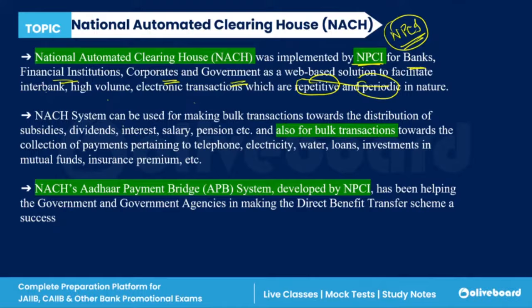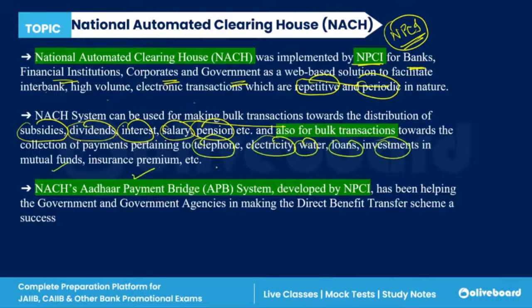It is used for making bulk transactions for distribution, like subsidies, dividends, interest, salary, pensions, etc. And also for bulk collection and payment of telephone, electricity, water, loans, investments, mutual funds, insurance premiums, etc. For all these transactions, there is the National Automated Clearing House.